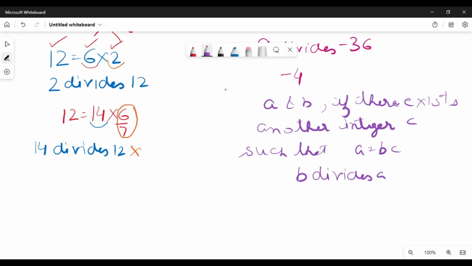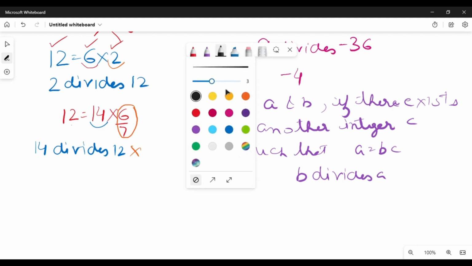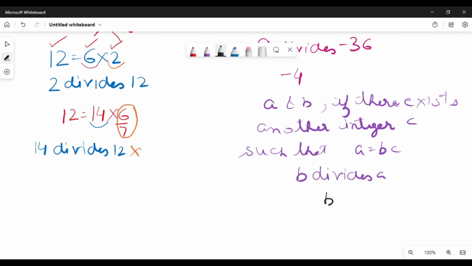In mathematics, this is written with a symbol that stands for b divides a.